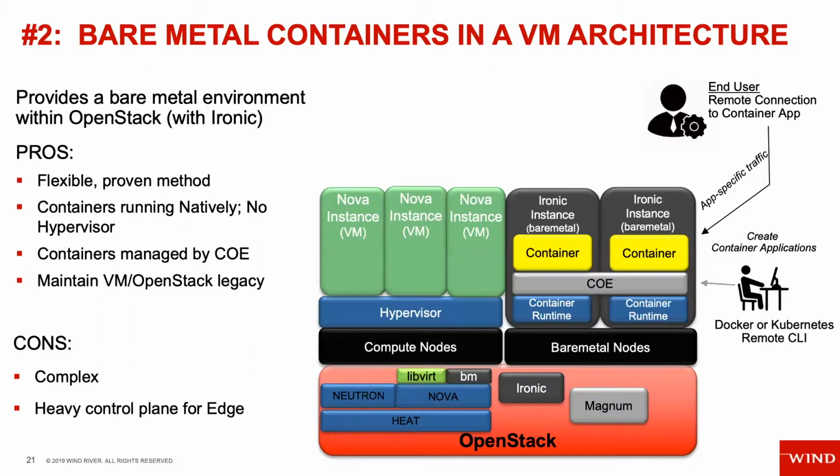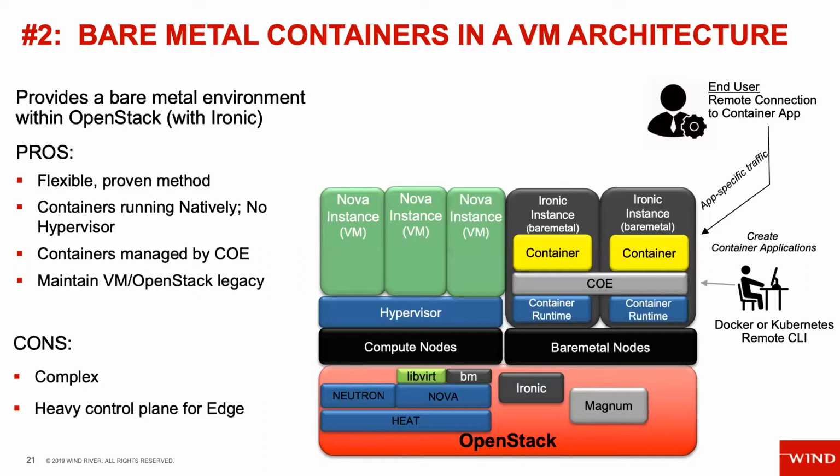You have bare metal nodes without a hypervisor, that can run Ironic and run your containers and support your container engine, or you can have compute nodes using traditional hypervisors. So rather than a hybrid mode, I'd call this a dual mode, where you can run either containers in an Ironic instance or VMs in a traditional Nova hypervisor environment.